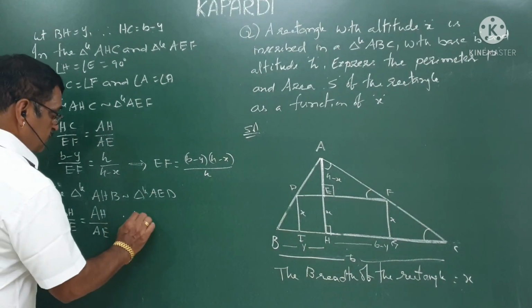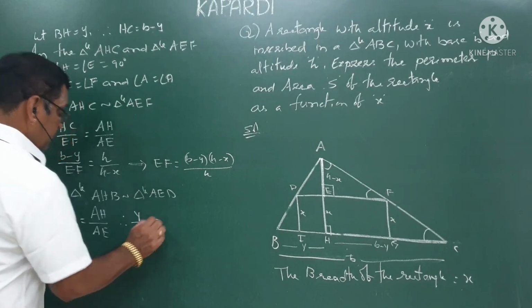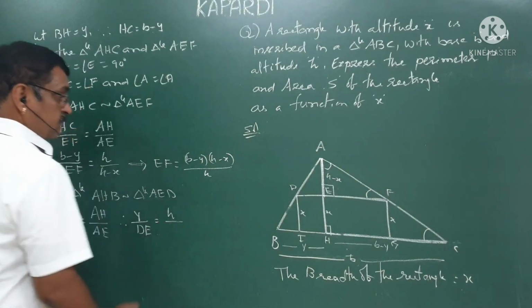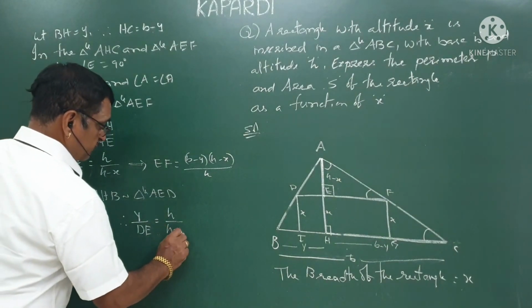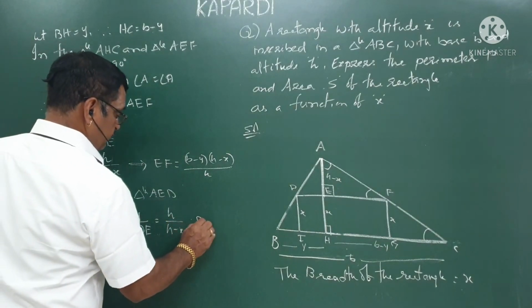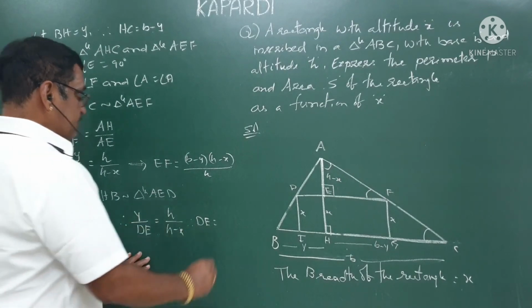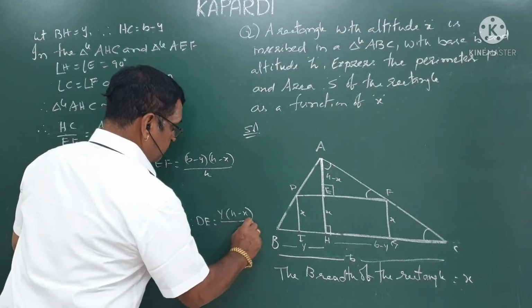Therefore, we have y by ED is equal to H by, again same thing, H minus x. Now I want ED, therefore ED is equal to y times of H minus x by H.